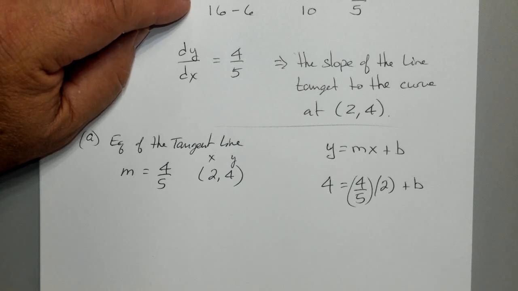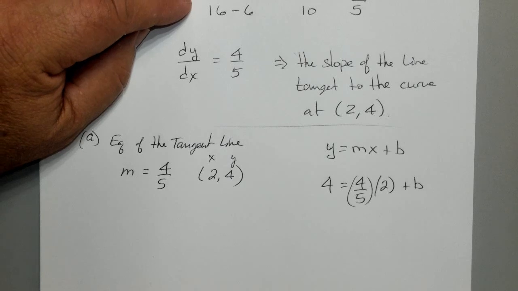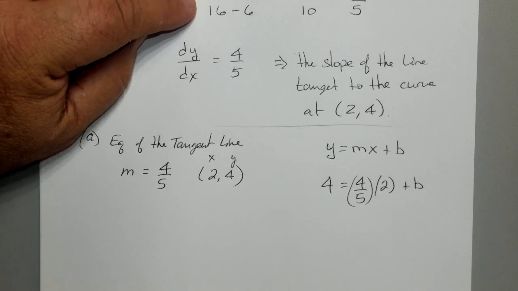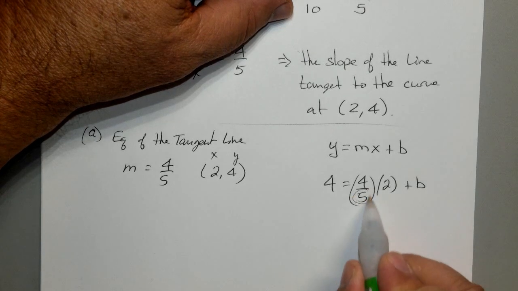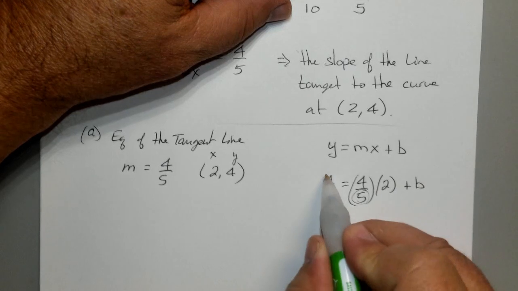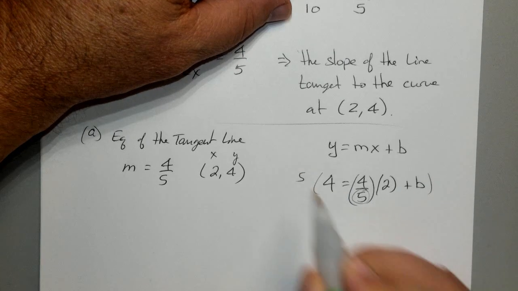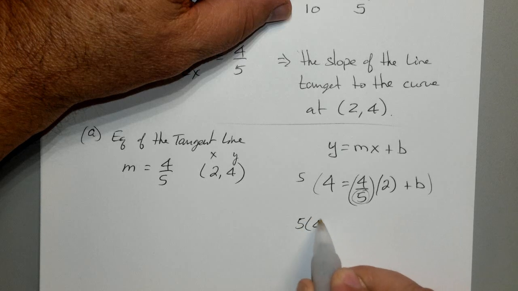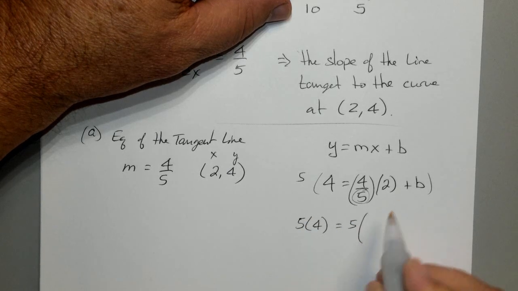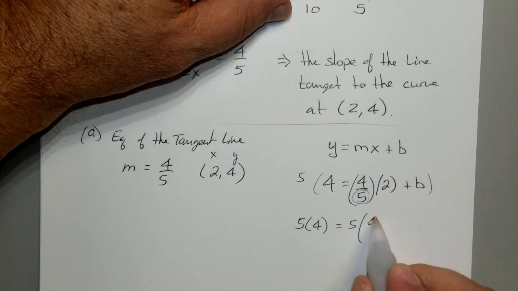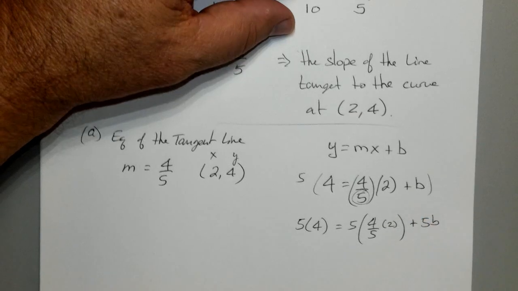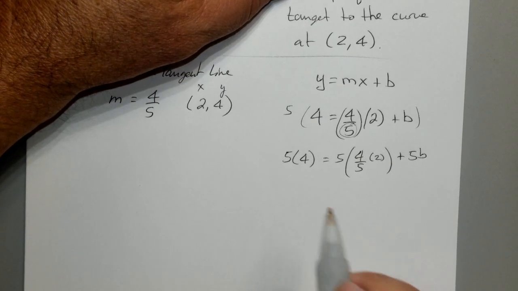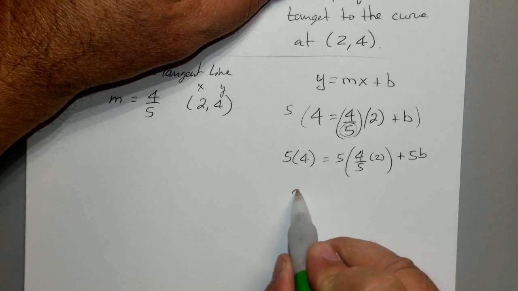Since nothing cancels, I don't like dealing with fractions, so I get rid of the fractions. What's the LCD? The LCD, only the number is 5. So if we multiply each term by 5, we get 20.